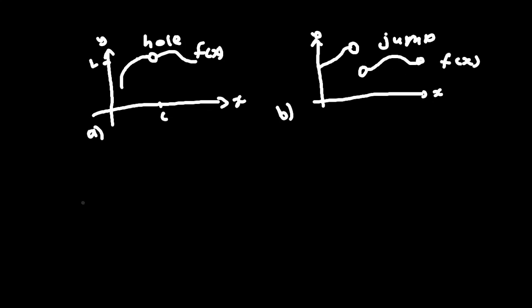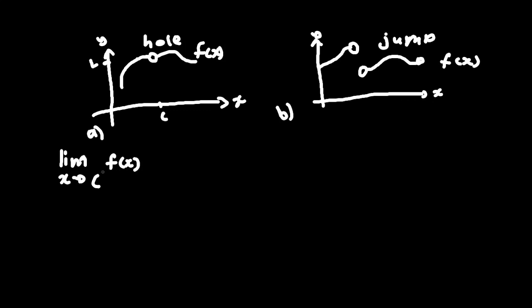What will be the limit of f at x at that discontinuity? Let's say this hole discontinuity is at c. What will be the limit of f at x at that point?